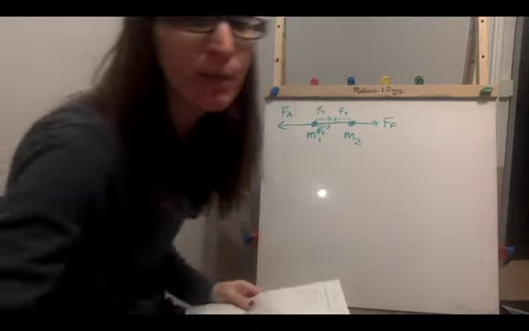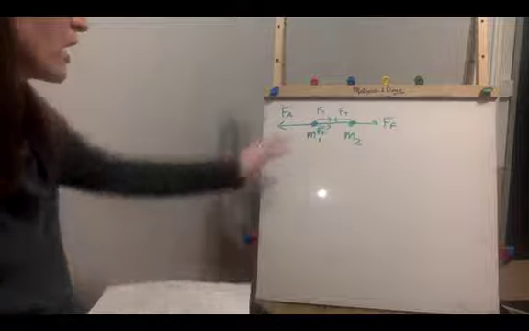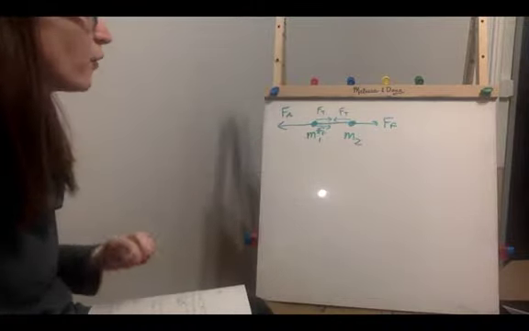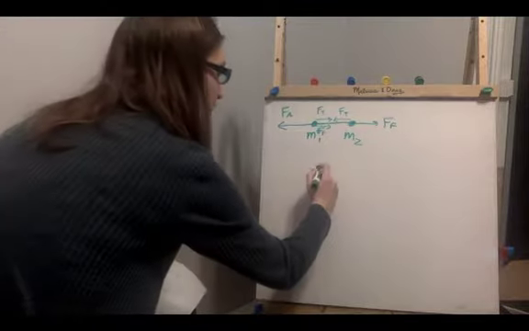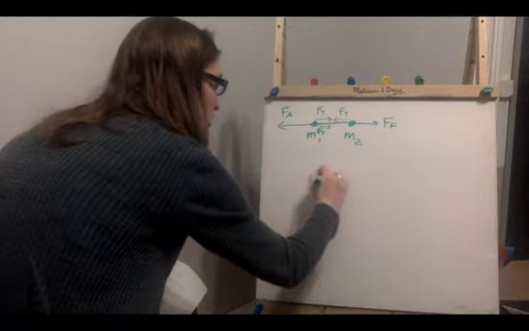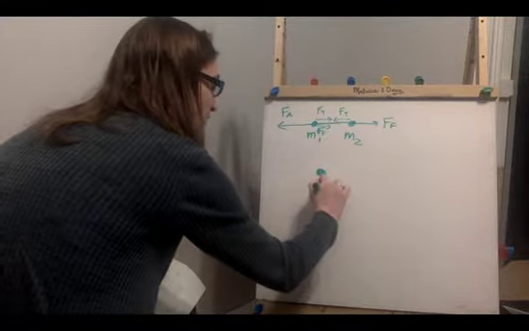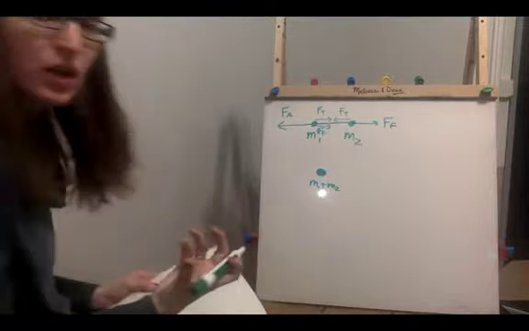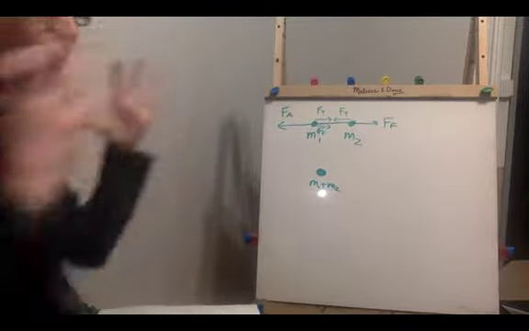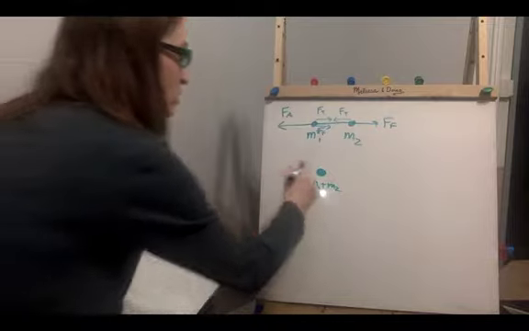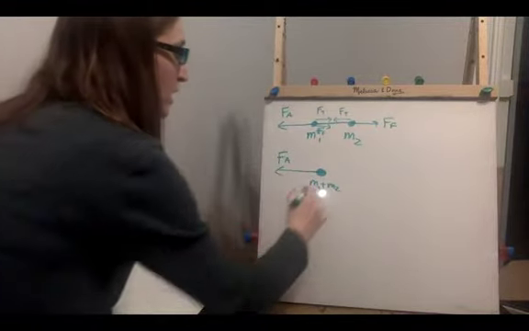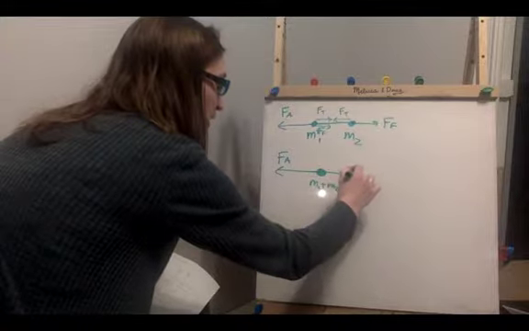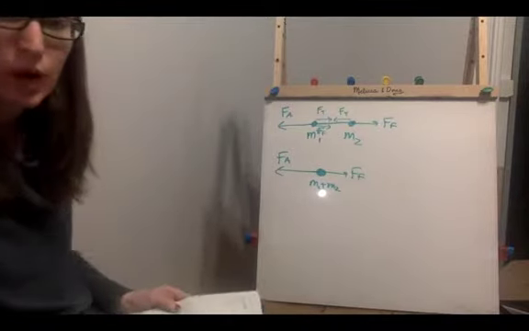But if we just want to think about the system, so that's what's happening in all the individual sections. If we just want to think about the whole thing moving as one coherent thing, well, your free body diagram changes, where you just have a single mass, which is the combination of both of them, the mass of the entire thing moving, and the entire thing is being pulled with that applied force, with some friction being applied to it as well.